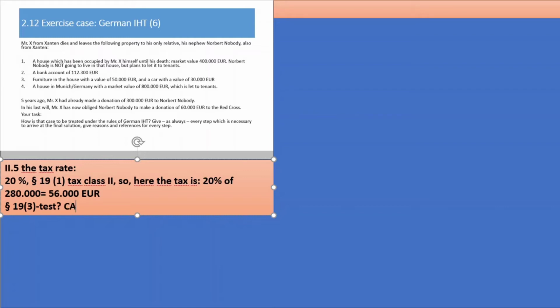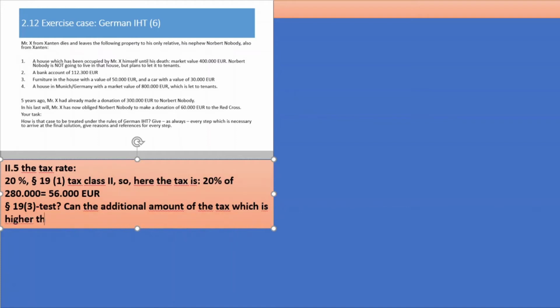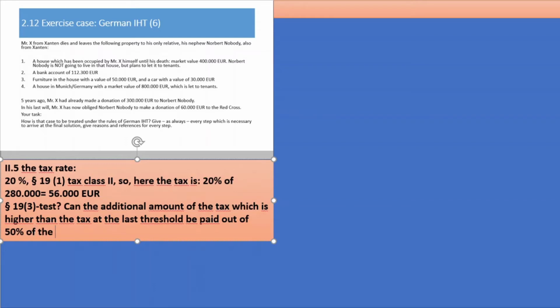That was again the tax for the additional amount of the tax which is higher than the tax at the last threshold, to be paid out of 50% of the exceeding amount.